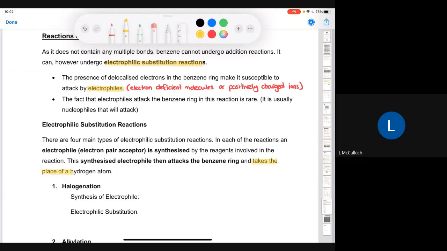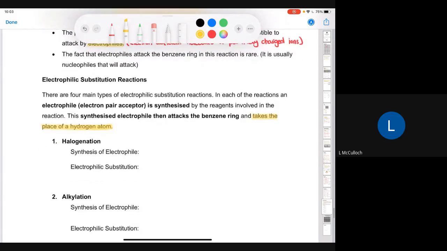Okay, so every carbon atom in a benzene ring has one hydrogen attached to it. So every carbon can only undergo one electrophilic substitution reaction, because once that hydrogen's been substituted, then there's not another hydrogen to substitute.